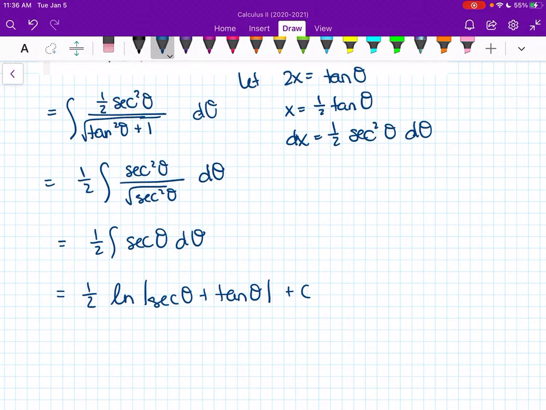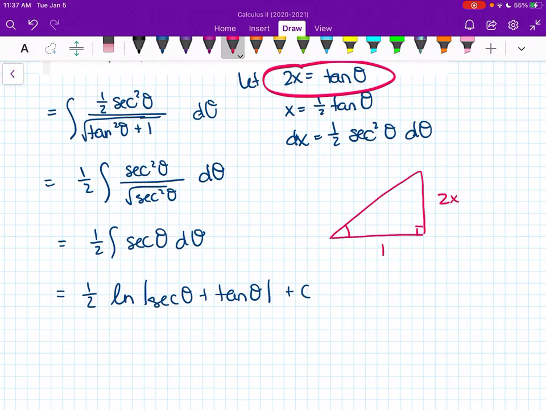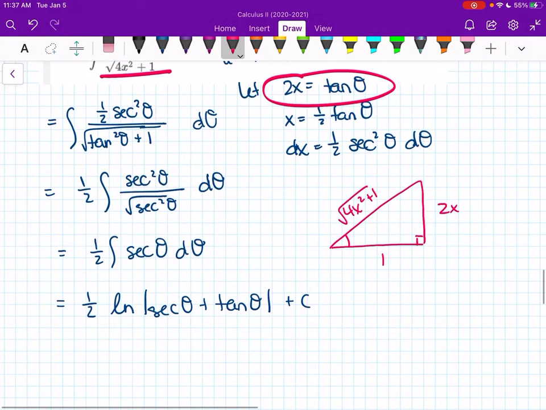Now here's the trick. We got to go back to our original variable, which is x. So if I make my little triangle over here, I'm going to do that in a different color. I started with tangent of theta, oops, no, let's go back. Tangent of theta is 2x. So on my triangle, I want opposite over adjacent to be 2x, so 2x and 1, which means then using Pythagorean theorem, I can get that this is the square root of 4x squared plus 1, which matches my radical expression in the beginning, so that's fantastic.